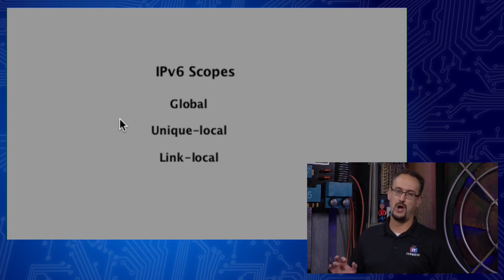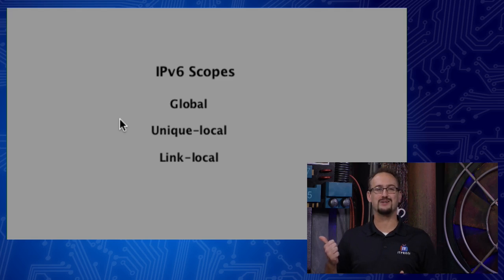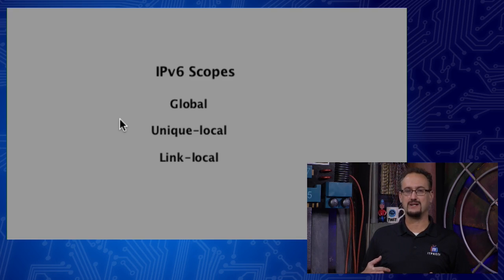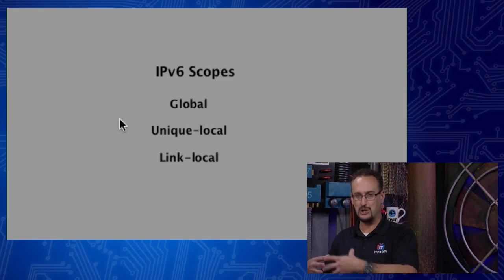All right, let's say my computer and Zach's computer are on the same subnet and we need to communicate, right? Well, there's no reason to use a global unicast address, right? Why? Because we're not communicating across the internet. We don't necessarily need a unique local address that could be routed across multiple internal subnets within your organization.